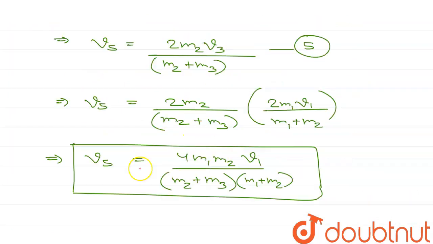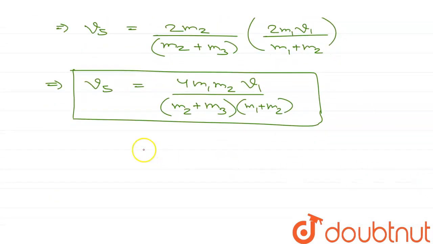So now in this expression of v5, we have to treat this m2 like a variable. So if we want to find the maximum value of v5, that means we have to find the maxima of this function v5. So we will have to take a first order derivative with respect to m2 and set it to 0.